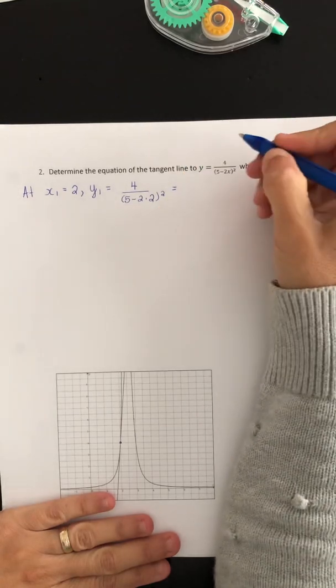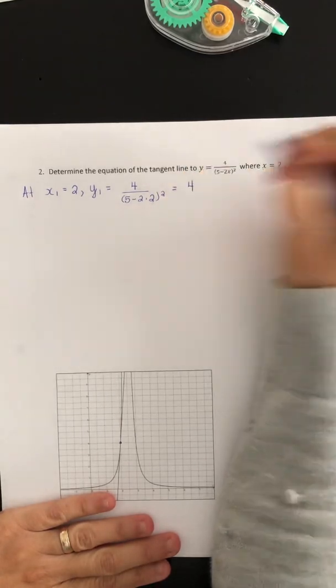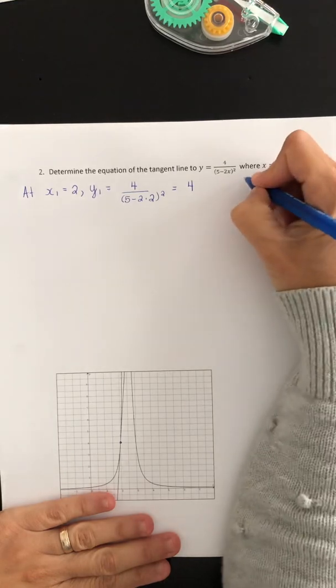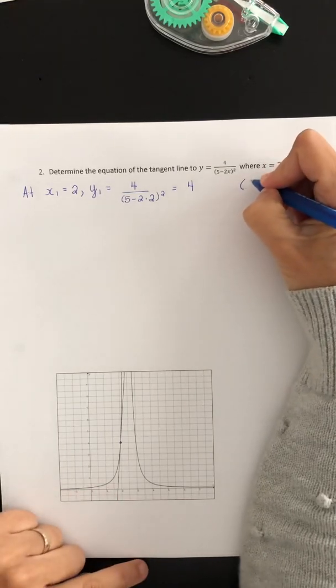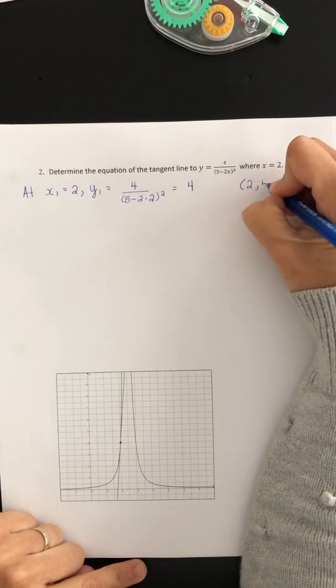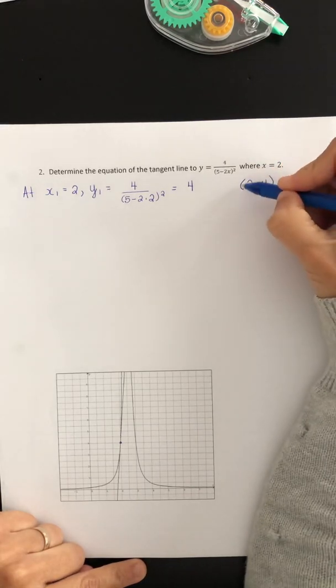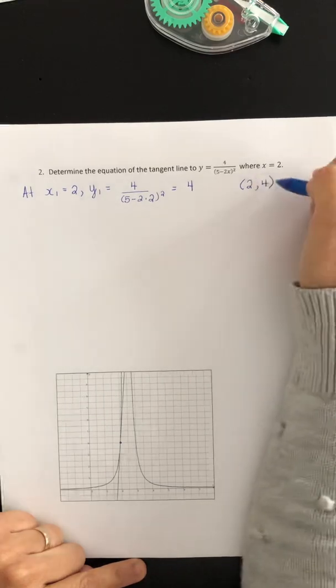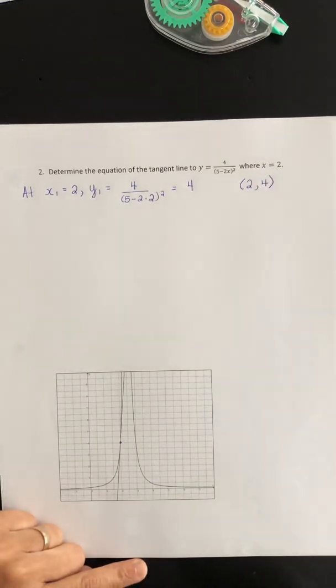So you get 4 over 1 or 4. And so this means the ordered pair (x1, y1) is (2, 4). So this is x1 and this is y1 and this is the point of interest.